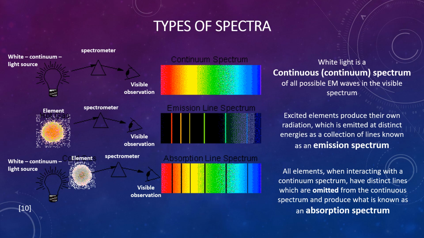So when we look at our spectrum through our spectrometer, we'll see that those energy levels, those lines that were absorbed, are no longer present in our spectra. We have these black lines, these gaps in our spectra, and these are absorption lines, which gives us an absorption spectra.